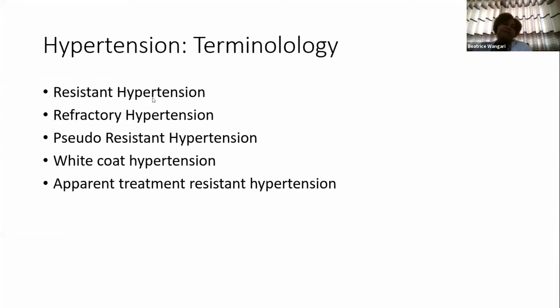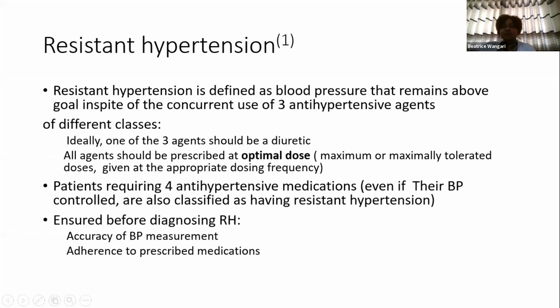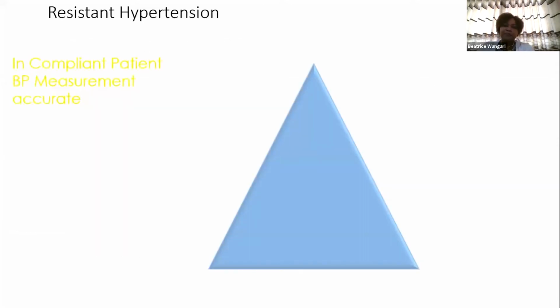Otherwise, you will be talking about pseudo-resistant hypertension. You'll be talking of white coat hypertension as part of the resistant hypertension. So this needs to be ruled out before we make that diagnosis of resistant hypertension.